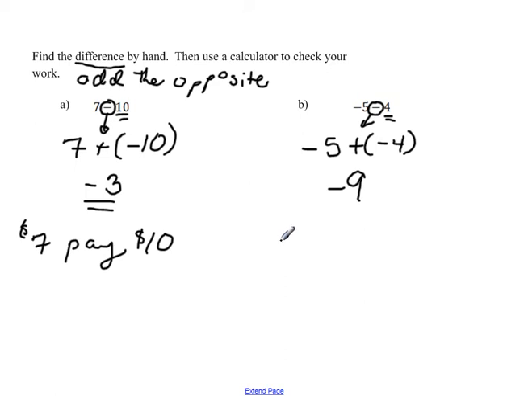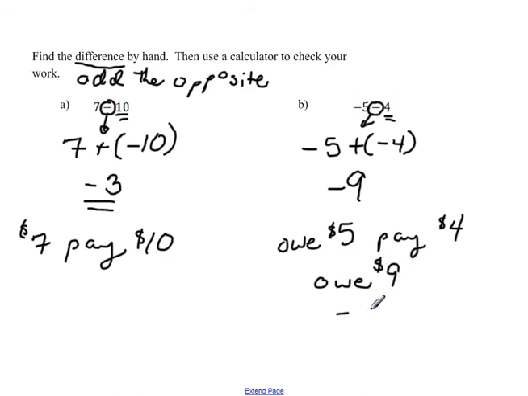If I'm in the hole $5, so I already owe $5, and now I'm being asked to pay another $4, well, I'm going to be now in the hole $9. I'm going to be owing $9. And to say that I owe $9, we can represent by saying it's negative 9.